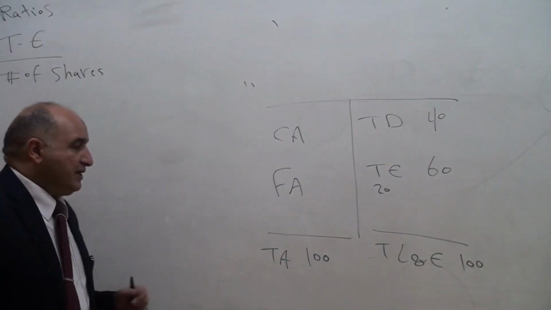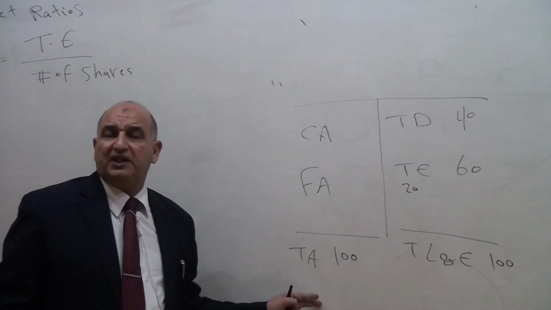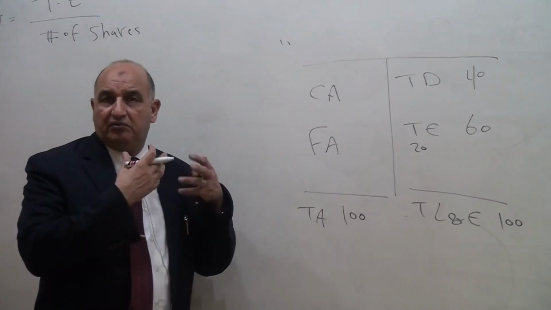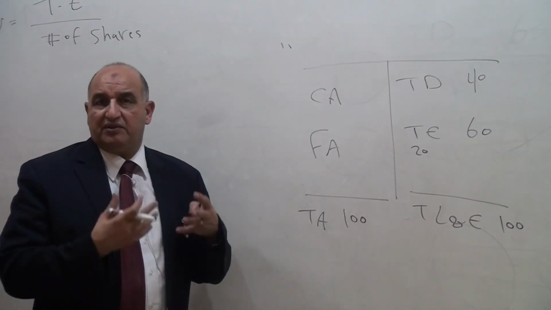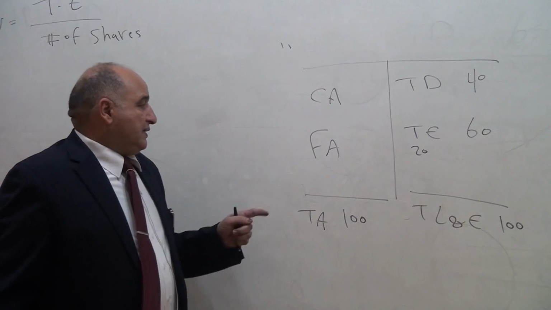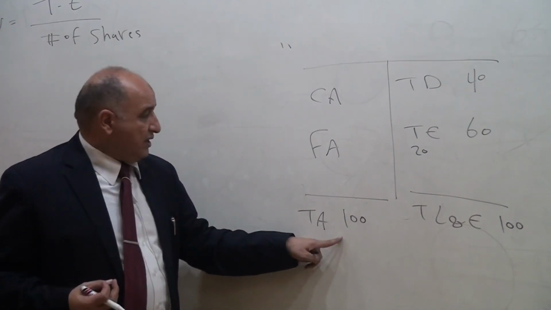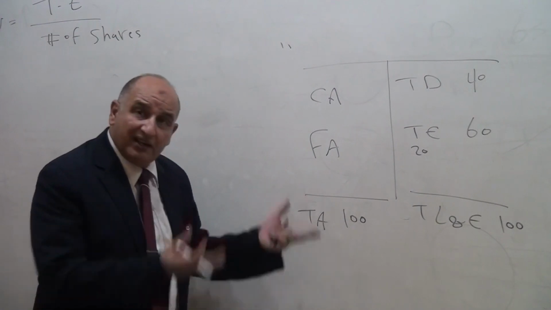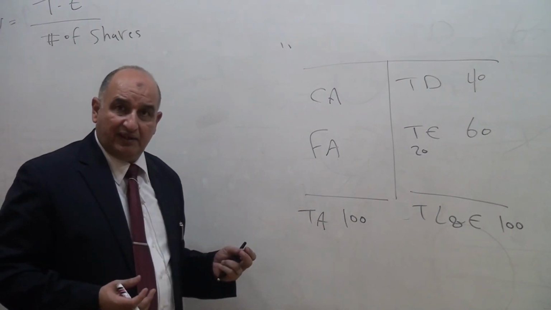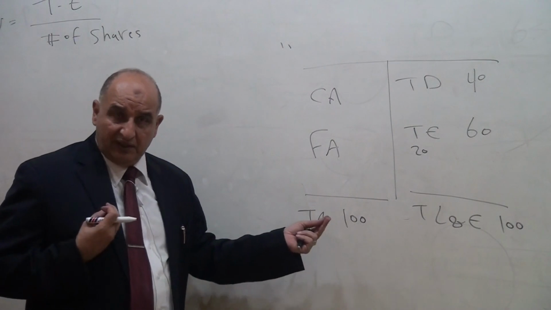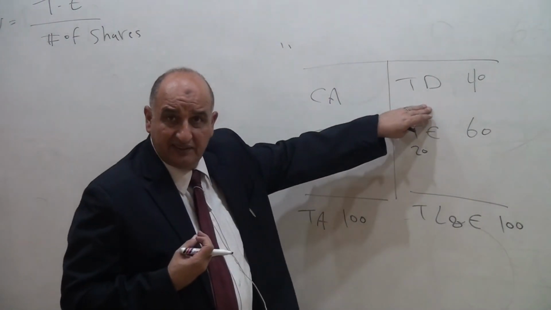Assume this company is liquidated, bankrupt. If the company is bankrupt, we have to sell the assets and use the money to first pay the debt.